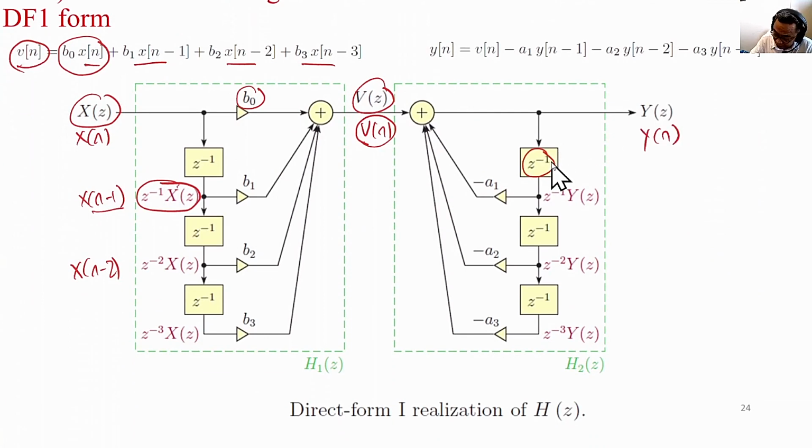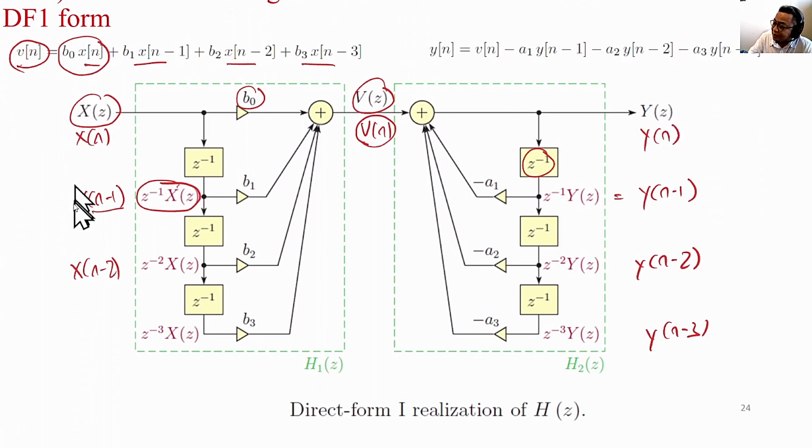This is y[n-1], y[n-1] times minus a1. You see? This is y[n-1] times minus a1 adding to v[n]. Then here is y[n-2] times minus a2 again. And here is y[n-3] times minus a3, adding all up to get y[n].